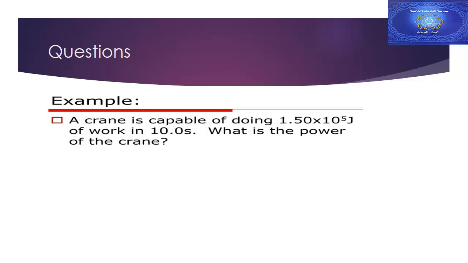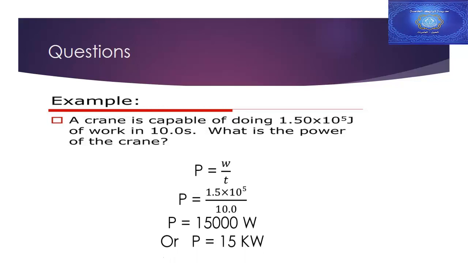In this case, we want to calculate power, and we have work and time, so we'll use the first formula, which is P equals W over T. We have W, 1.50 times 10 power 5, divided by 10. So power equals 15,000 watts, or when we want to convert from watt to kilowatt, we divide by 1000. So power equals 15 kilowatts.